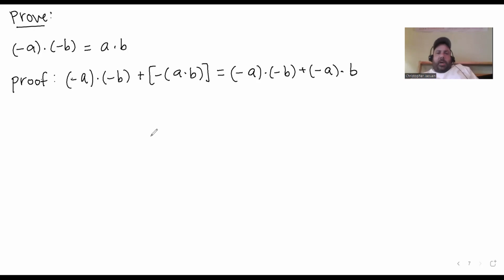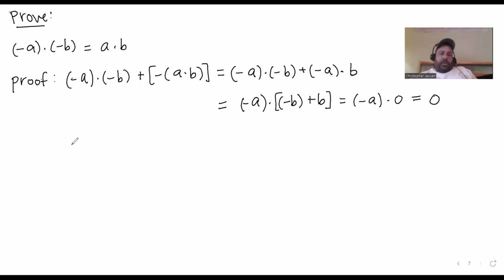And I can factor out the minus a using the distributive law. And again, minus b plus b is 0, so you get minus a times 0, which is 0.